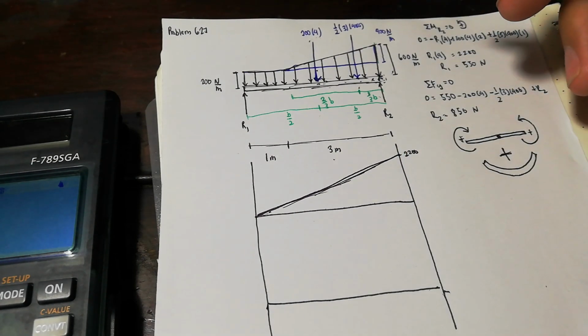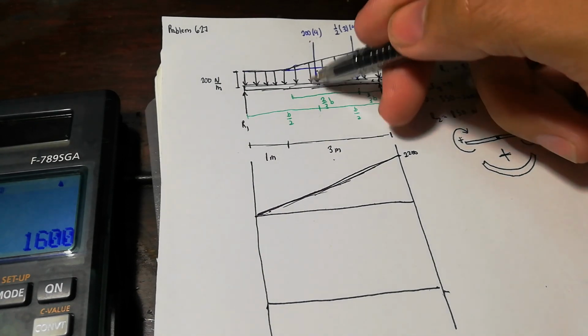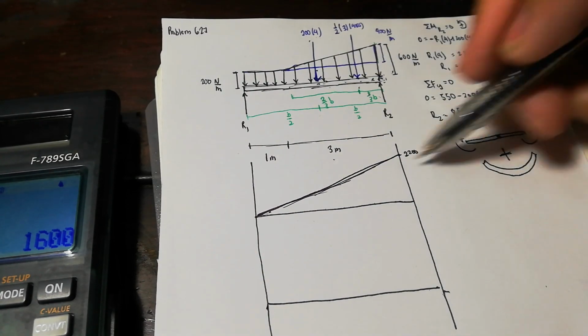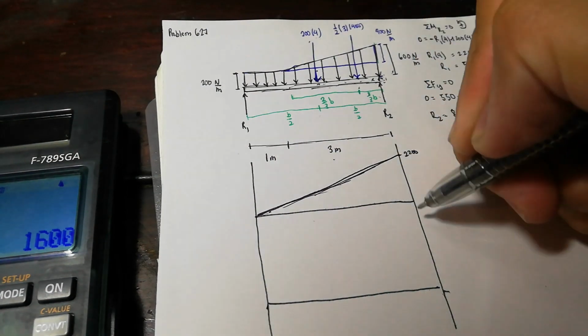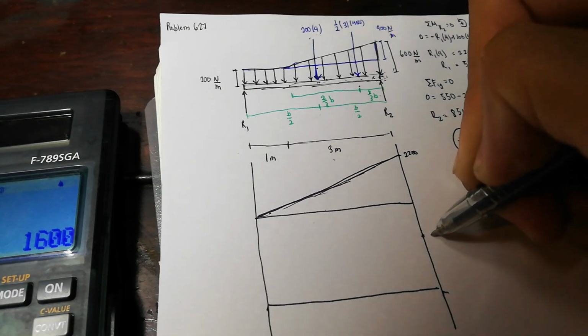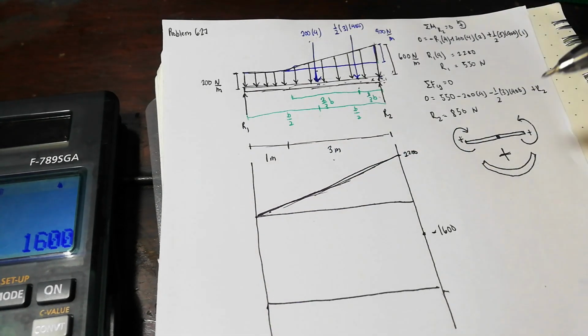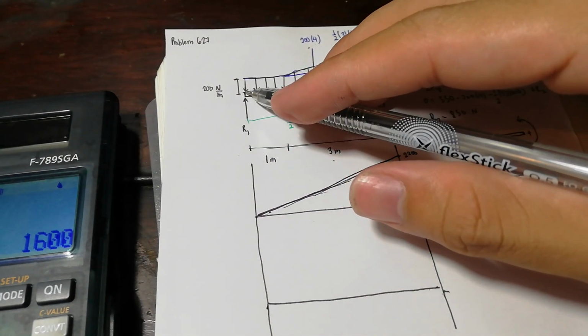Times a distance of 2. 1,600. Pero since ang kanyang rotation ay counterclockwise, siya ay negative. Negative 1,600. So, take note, ito ay isang rectangular load.